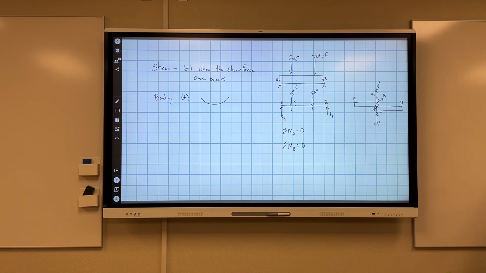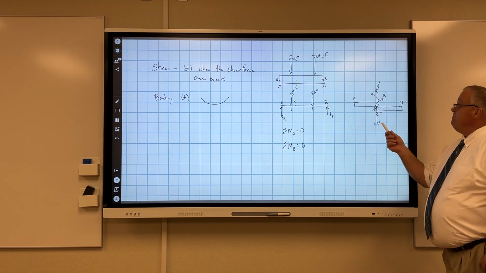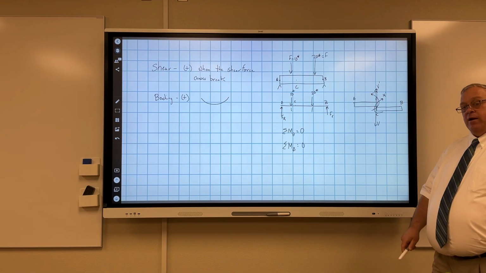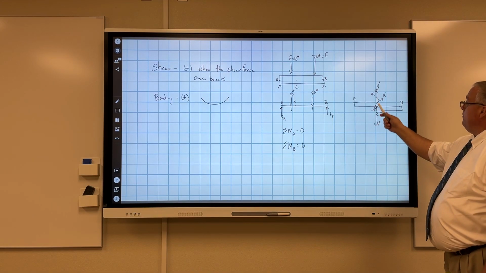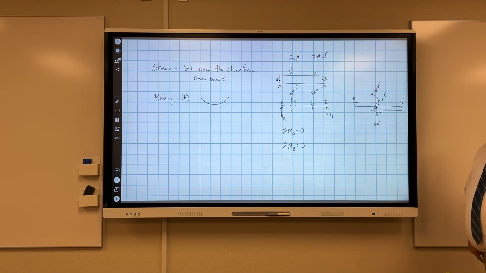What were our definitions? For V to be positive, it's got to cause a break. Would this V and this V prime be equal? Or would this M and this M prime be equal? Think about that.